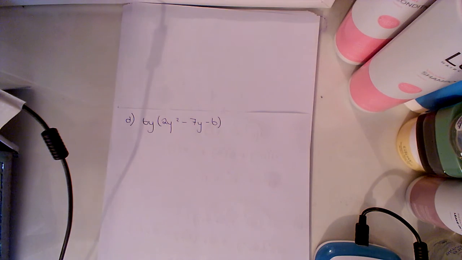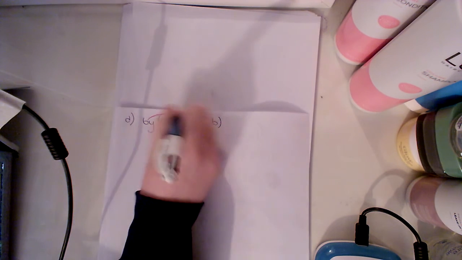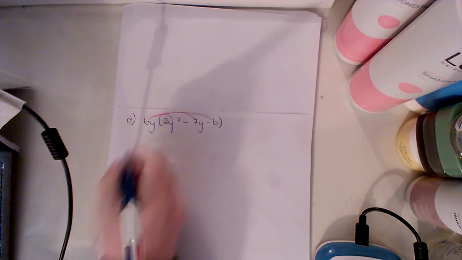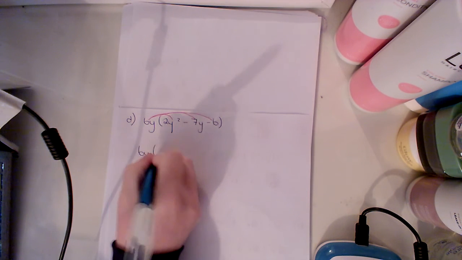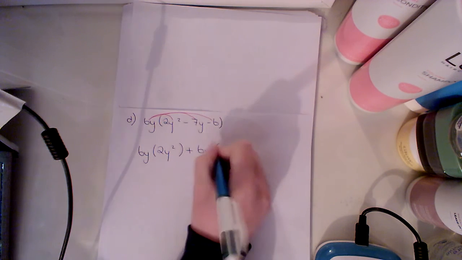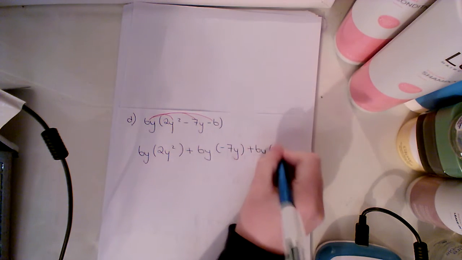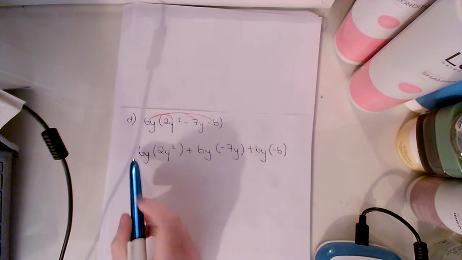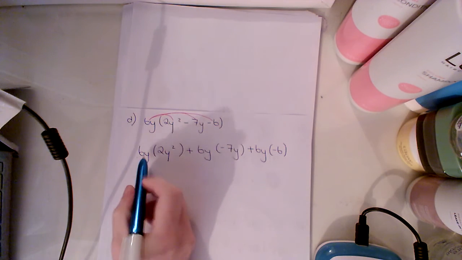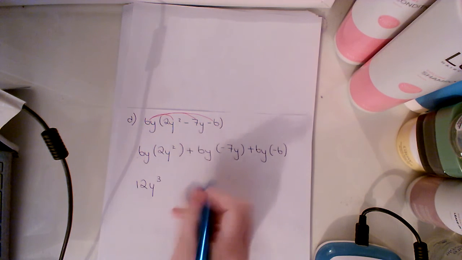Okay, question 5d, I'm going to draw my arrows, this times this, this times this, this times this. I'm going to rewrite it, so it'll be 6y(2y²) + 6y(−7y) + 6y(−6). Number by number, 6 by 2 will give me 12, y by y squared will give me y cubed.